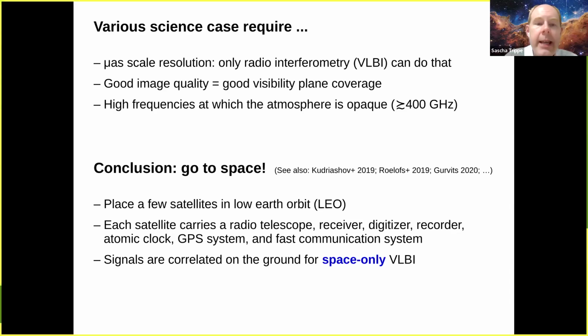And so the idea is then, okay, we have this network of up to 4 satellites in space. These satellites send their data to the ground, and on the ground we correlate the data in a dedicated computer center, the correlation center. This correlation then constructs the image of the target.